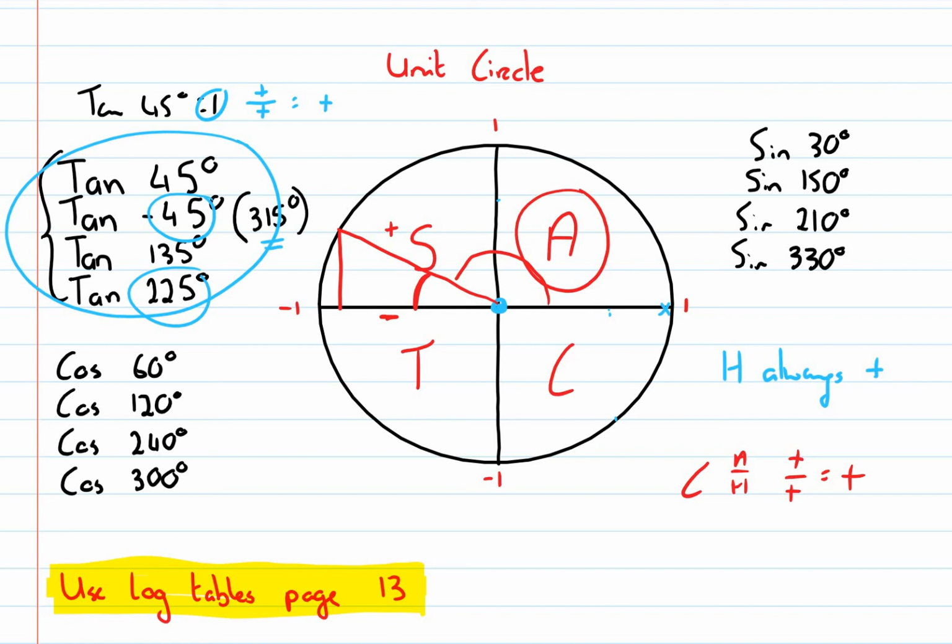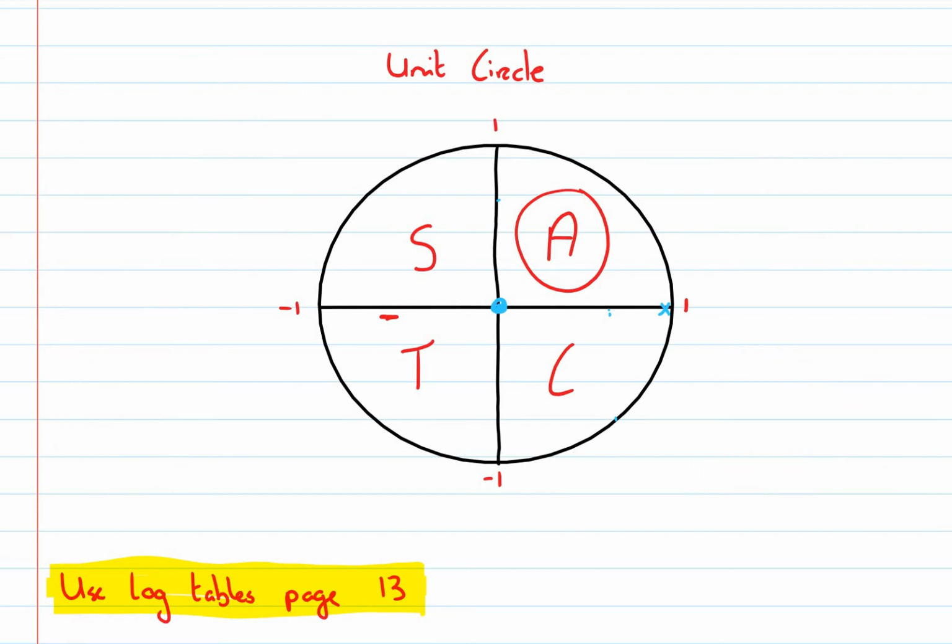So we have a minus adjacent over a positive hypotenuse, which will give us a negative answer. And look at that. And so in this quadrant, cos is negative, and that makes sense because the only ratio in this quadrant that is positive is sine. Okay, so I hope that helps you out a bit as to why we have this CAST and why certain ratios are positive or negative depending on what quadrant they're in.